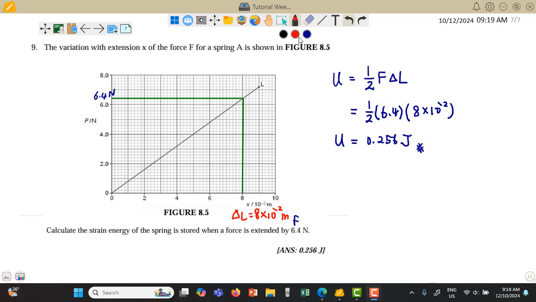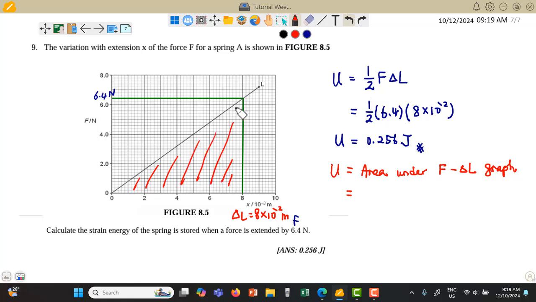And then class, basically if you don't want to use the equation, you might also use the concept that strain energy is the area under the force extension graph to solve this question. So after you have identified the extension obtained when our force is 6.4 Newton, you can calculate the area under the graph.